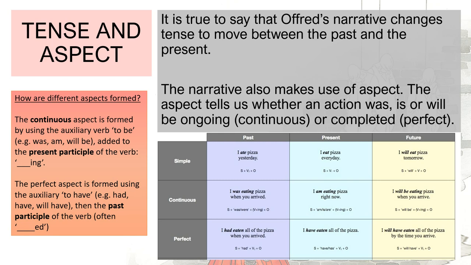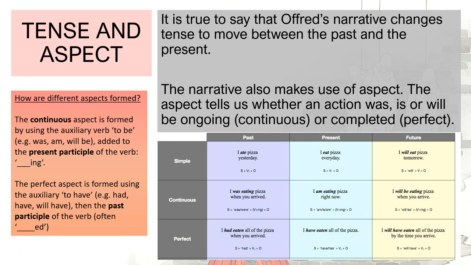But we should also think about the way that aspect is used. Aspect will tell us whether an action was, is, or will be ongoing or completed. So I've included in that table the use of the continuous and the perfect. The continuous shows us actions in the past or present that are ongoing, or that were ongoing, and the perfect shows us actions that are completed.